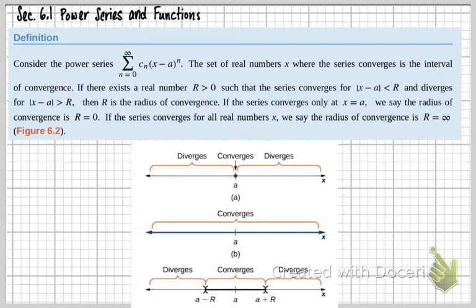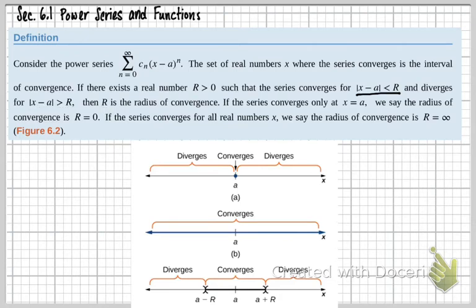Now this says, consider the power series. The set of real numbers x where the series converges is the interval of convergence. So when we talk about that interval, it's the interval of convergence where it converges. And if there exists a real number r greater than 0, such that the series converges for the absolute value of x minus a less than r, and diverges for the absolute value of x minus a greater than r, then r is the radius of convergence.